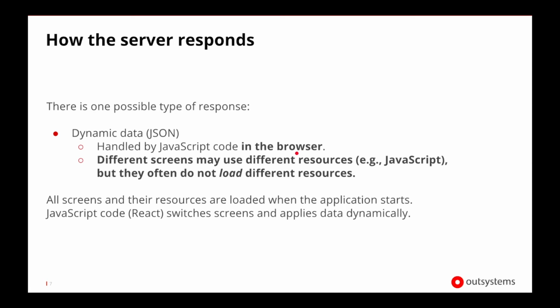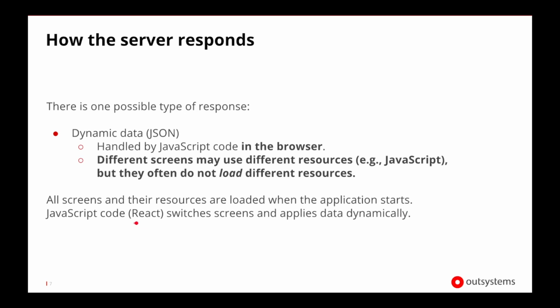And now, using this kind of pattern, single page application, SPA, different screens can use different resources, such as that JavaScript, but they often do not load different resources, because resources for all screens are loaded when the application starts.